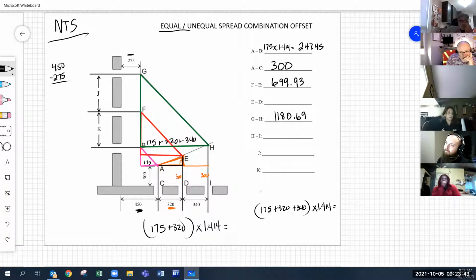So that's going to be 320 times 0.414, the tangent of the 22.5. So this is equal to 132.48, and I will add that to my 300. And that's going to give me my E to D at 432.48.